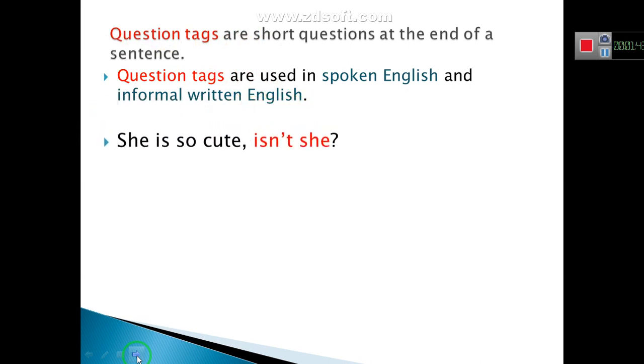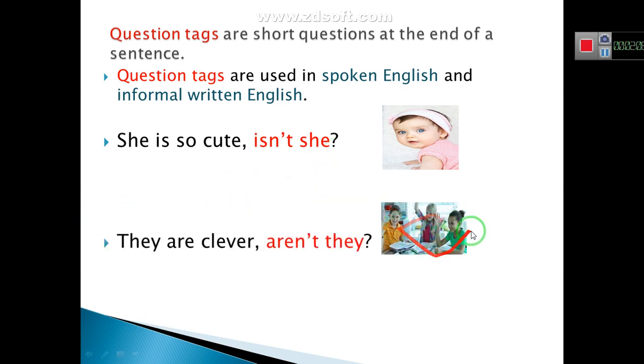Let's see the example. She's so cute. She is so cute. Here I have a sentence. After the sentence I have a comma, then the question tag: isn't she? After that, a question mark. She is so cute, isn't she?